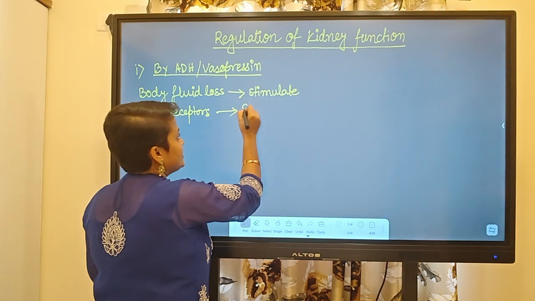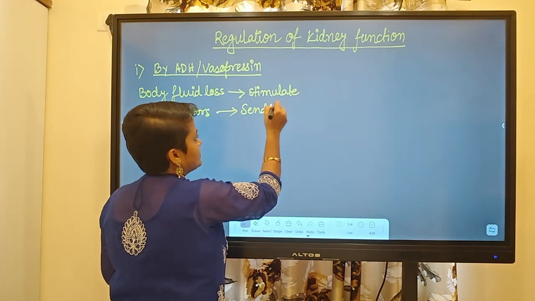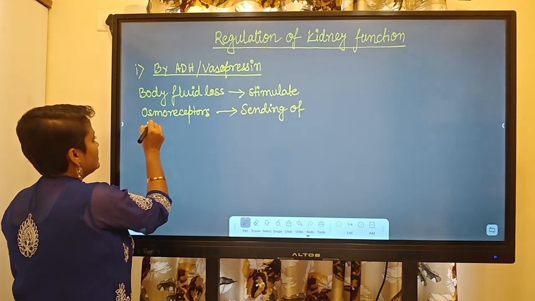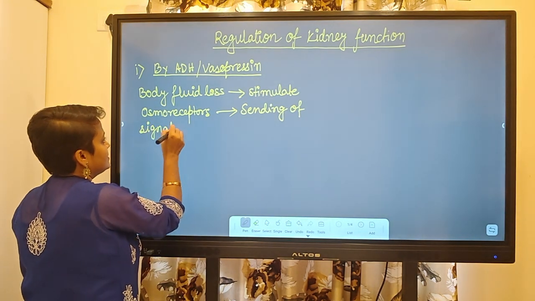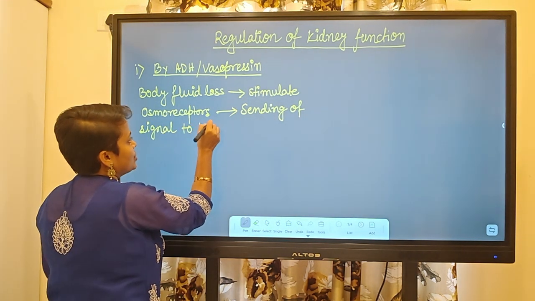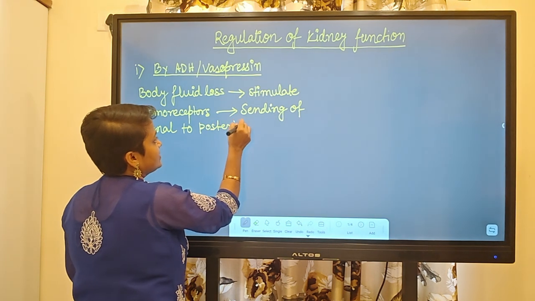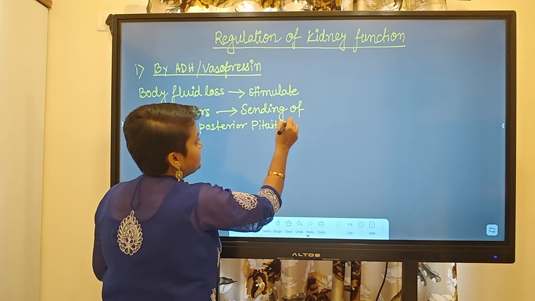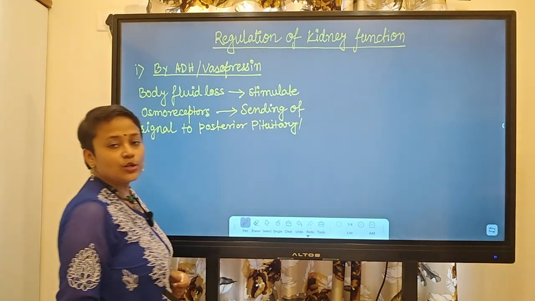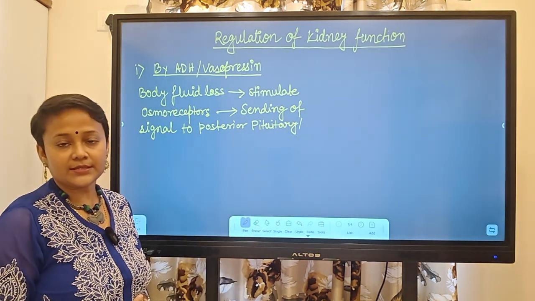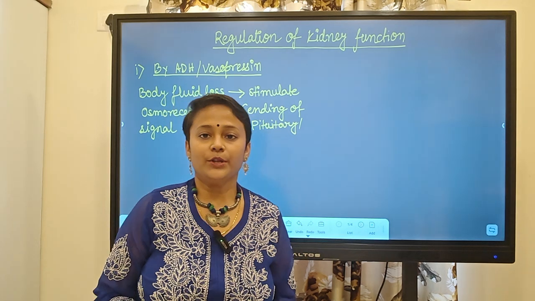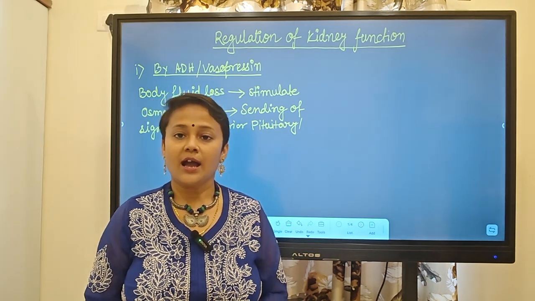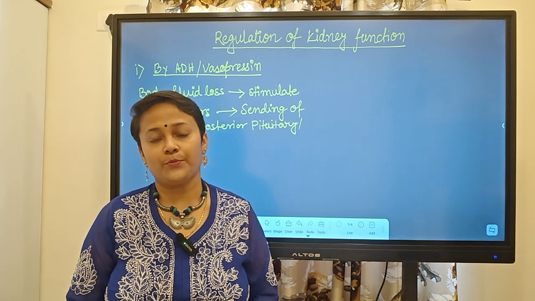Sending of signal to the posterior pituitary. The posterior pituitary is a part of the neurohypophysis. Structurally, the pituitary has two parts, adenohypophysis and neurohypophysis.